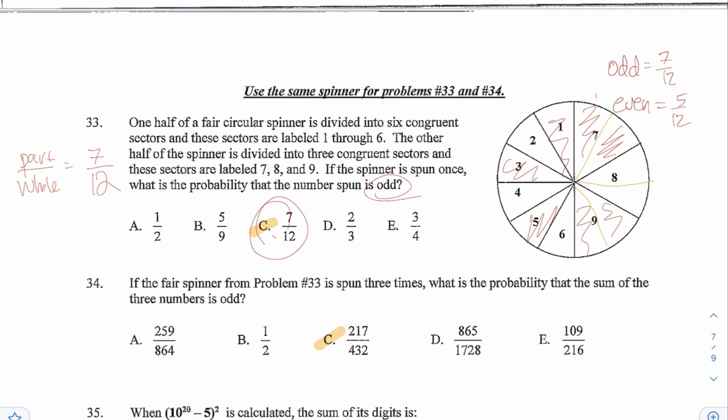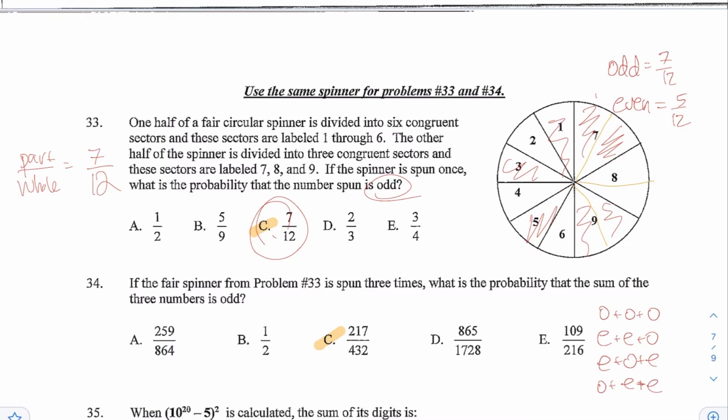And when you're adding 3 numbers, the only ways to get odd would be odd plus odd plus odd, because odd plus odd is even plus odd will be odd again. Or if you have 2 even numbers and you add an odd to that. So it'll be even plus even plus odd, or even plus odd plus even, or odd plus even plus even.